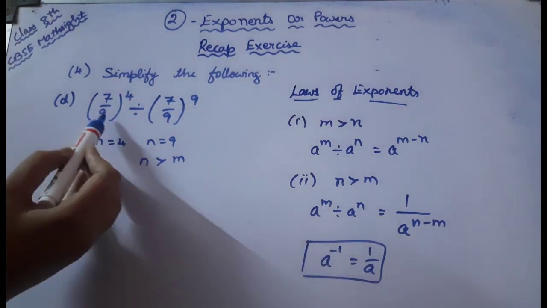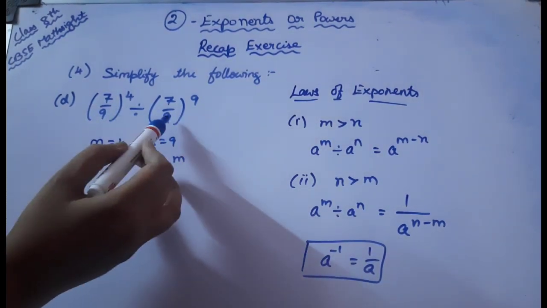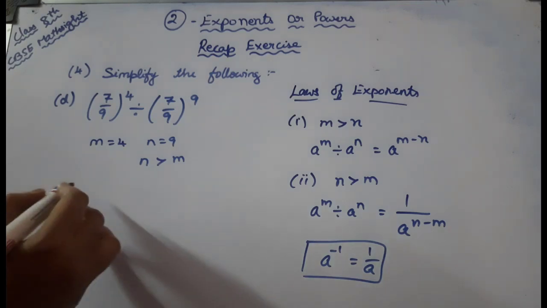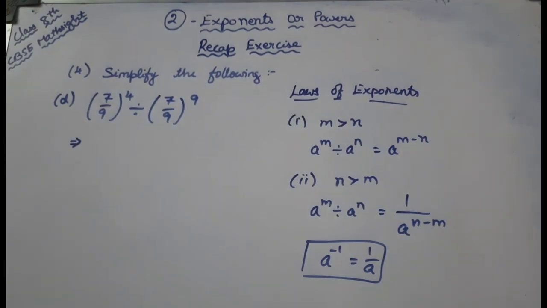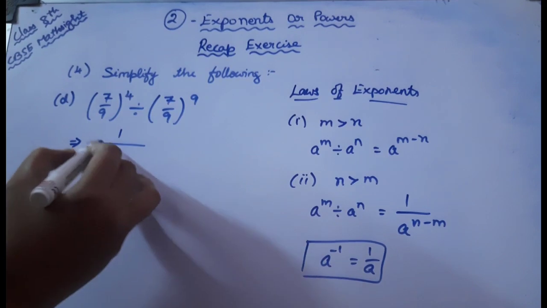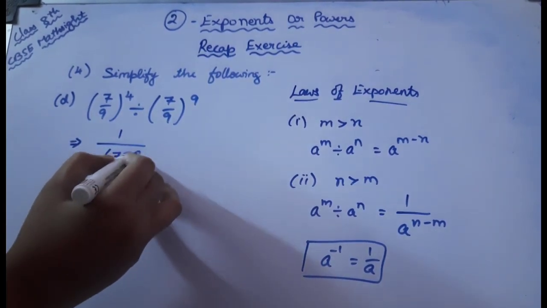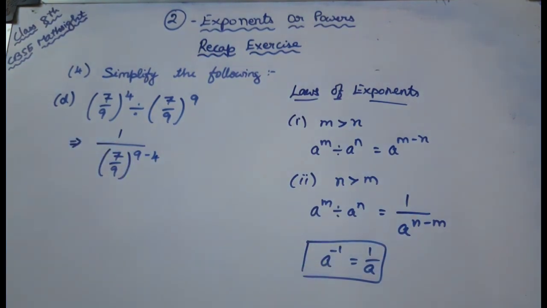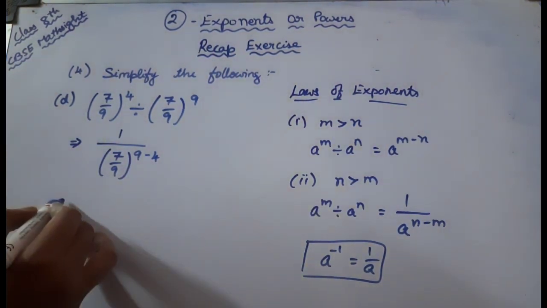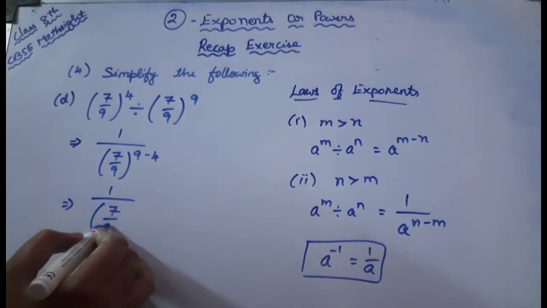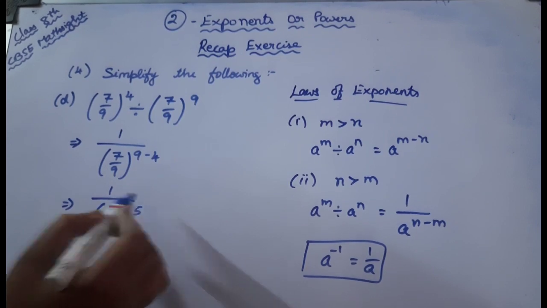So we have to write the given sum as 1 divided by a power n minus m. So we can write the given sum as 1 divided by 7 by 9 to the power of 9 minus 4. So 9 minus 4 is nothing but 5. So 7 by 9 to the power of 5.